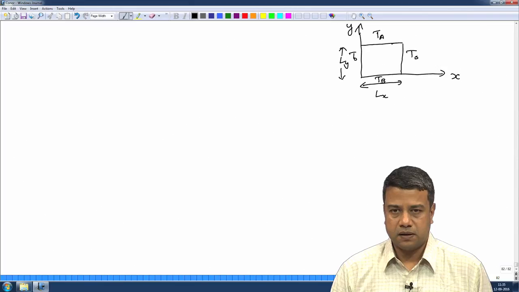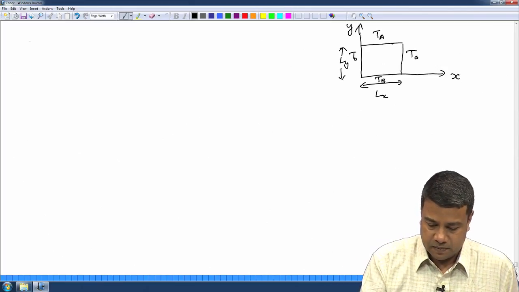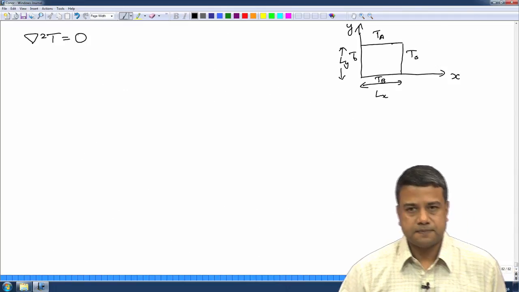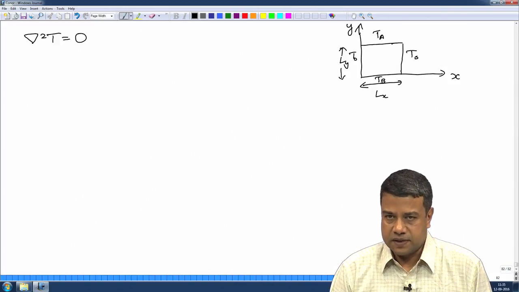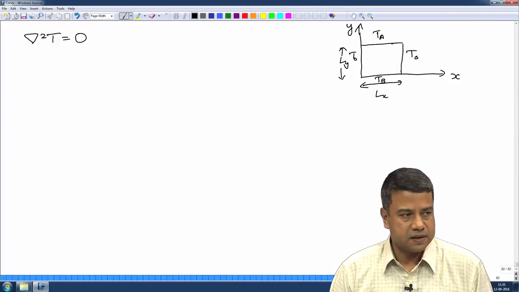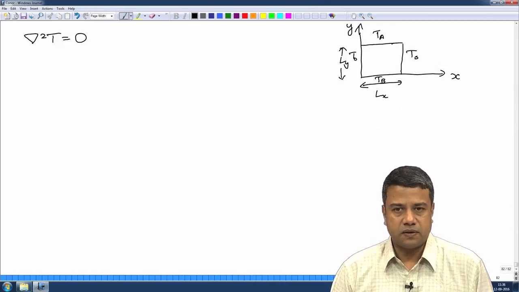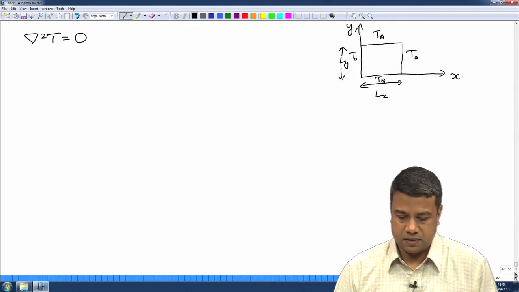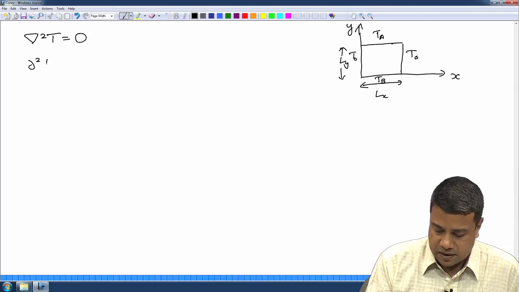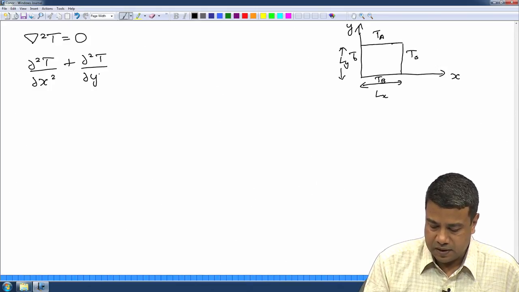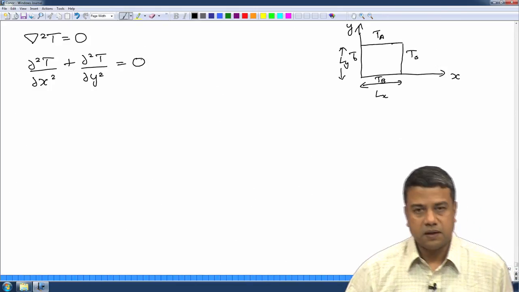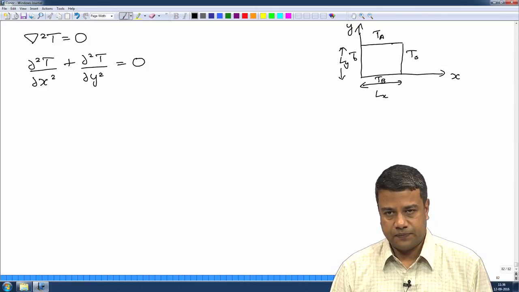Therefore, this is a diffusion dominated problem. I need to solve the equation del square T equals 0. In this particular case, I will first consider the system to be at steady state. Therefore, there are variations only in the x and the y directions. Partial square T by partial x square plus partial square T by partial y square equals 0 is the conservation equation.